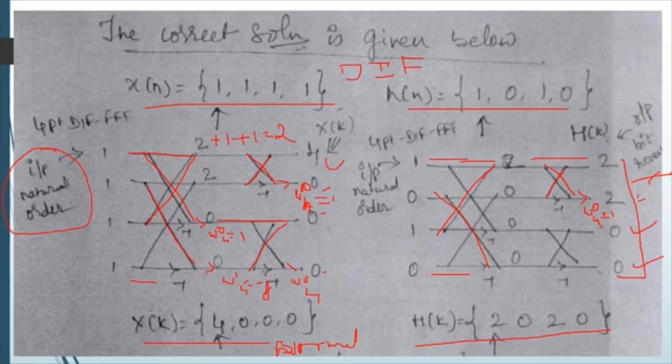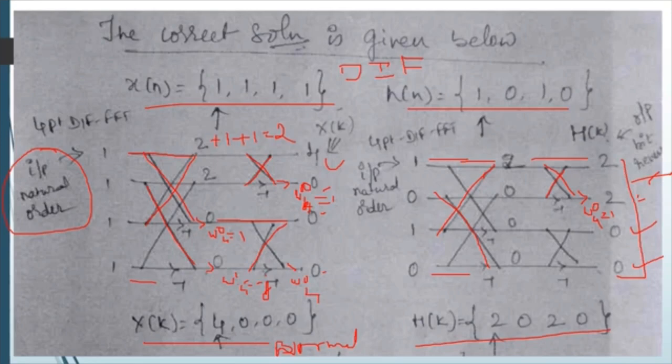Now this 2 is traveling here, and 2 minus 2 into omega 4 power 0. 2 minus 2 is 0. 0 multiplied by anything is 0. Omega 4 power 0 is 1. Here also 0 is traveling here. So 0 plus 0 is 0, and 0 minus 0 is also 0.